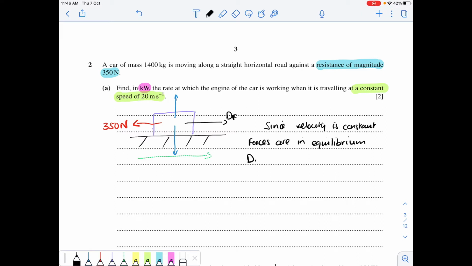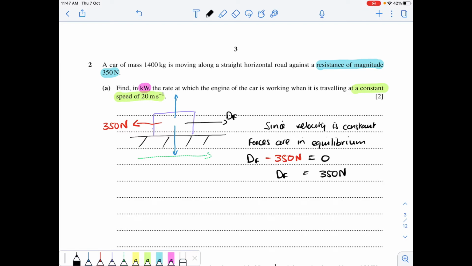The only force acting in the direction of motion is the driving force, and the force acting in the opposite direction is the friction force. If they're in equilibrium, the net force is 0, and therefore we can solve for the driving force as 350 newtons.